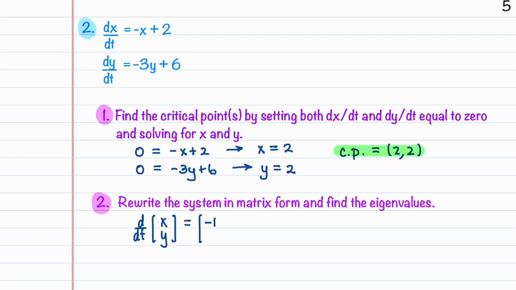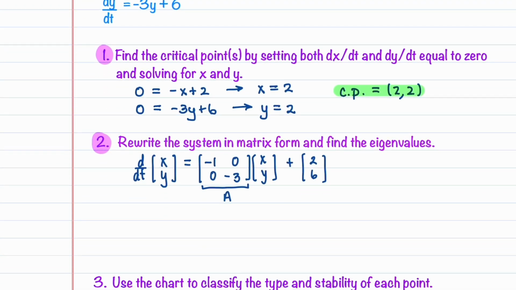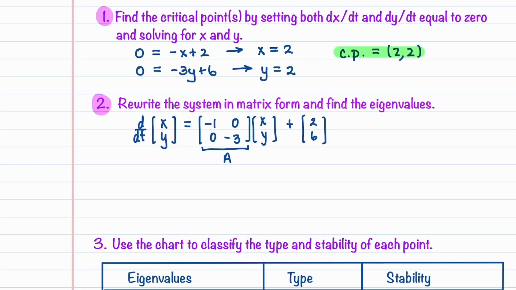So we have the matrix minus 1, 0, 0, minus 3, multiplied by xy, and then we have our constant vector 2, 6. This matrix right here, we're going to call matrix A. I'm going to rewrite it because it's what we're going to be looking at. Our matrix A is minus 1, 0, 0, minus 3.